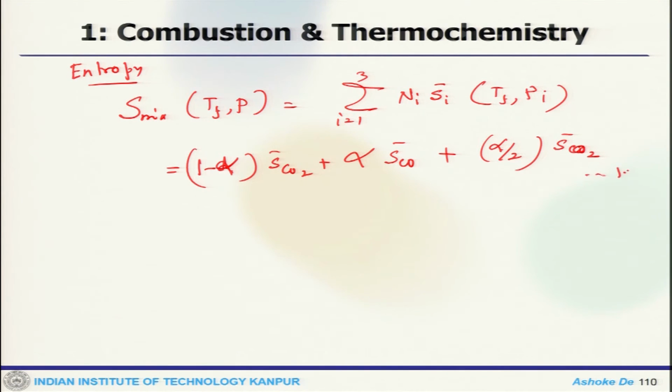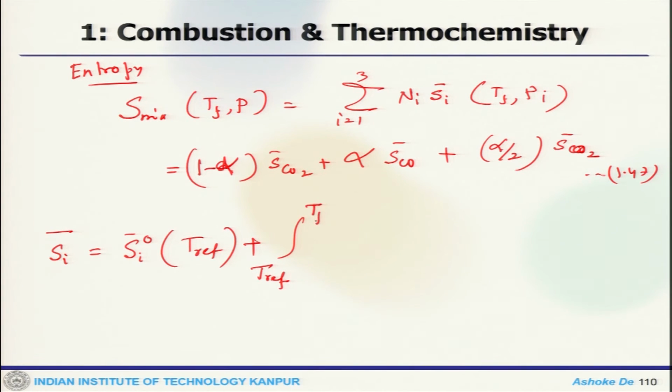So, that is your 1.47. So, the mixture entropy would be at reference 1 plus the integral from T reference to Tf of dT by T, minus Ru ln Pi by P naught. So, you can find out that thing.